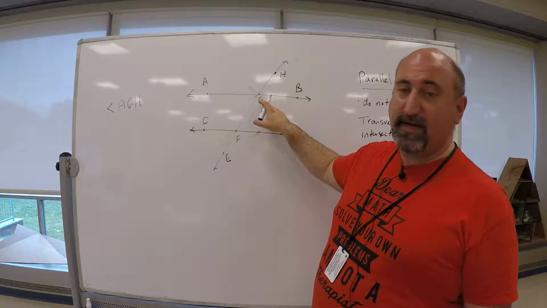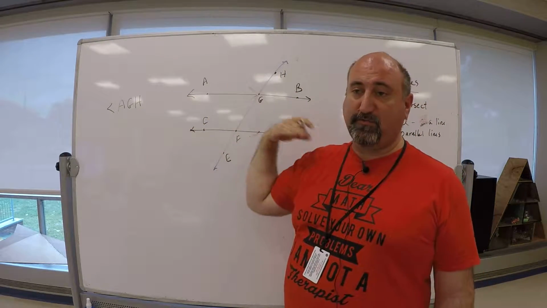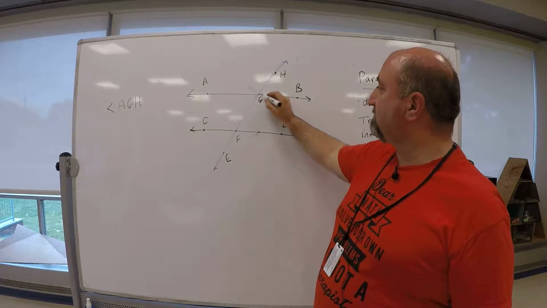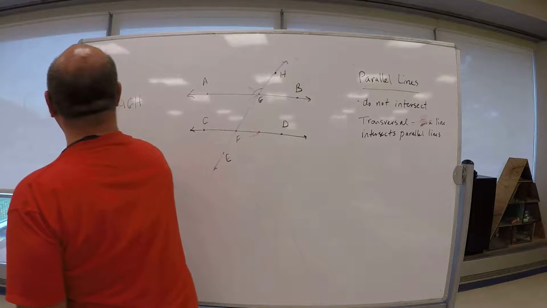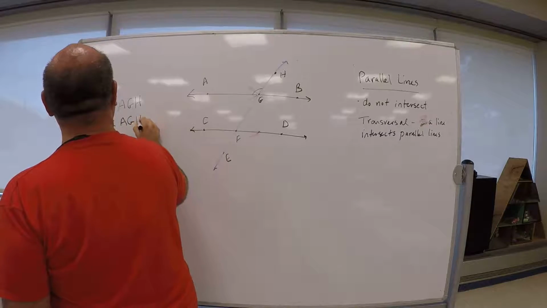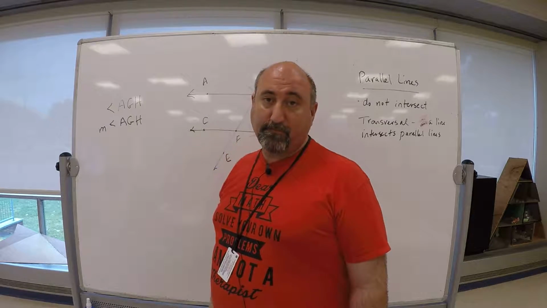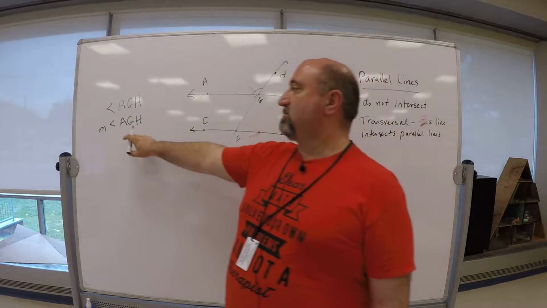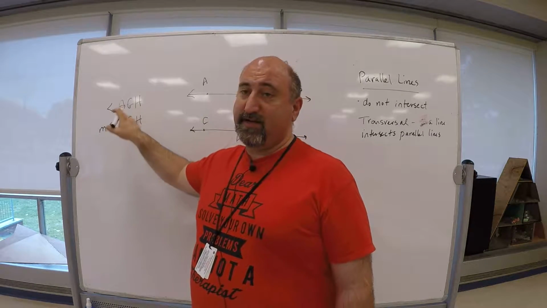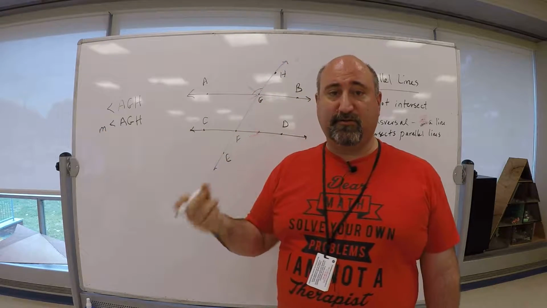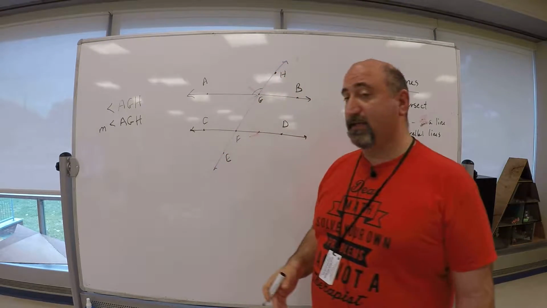The middle letter is always the vertex of the angle, and the first and the last letter always refer to the points that lie on the sides of that angle. So this is AGH right here, and sometimes in the book you'll see it say m angle AGH. That little m stands for measure, the measure of angle AGH. This describes just the number, the actual measurement of the angle, so it's 23 degrees or 43 degrees, something like that.